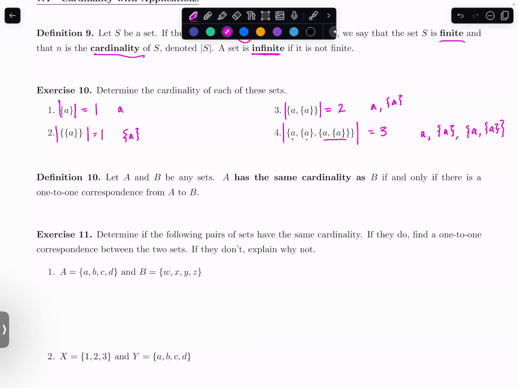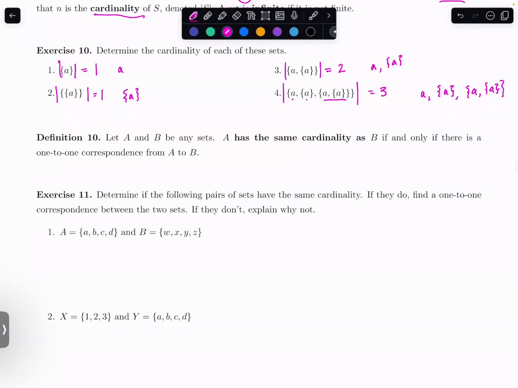So that's the topic about cardinality. This is a really strong definition: if you have any 2 sets A and B, A has the same cardinality as B if and only if there is a 1-to-1 correspondence between A and B. Remember, this is a bijection.